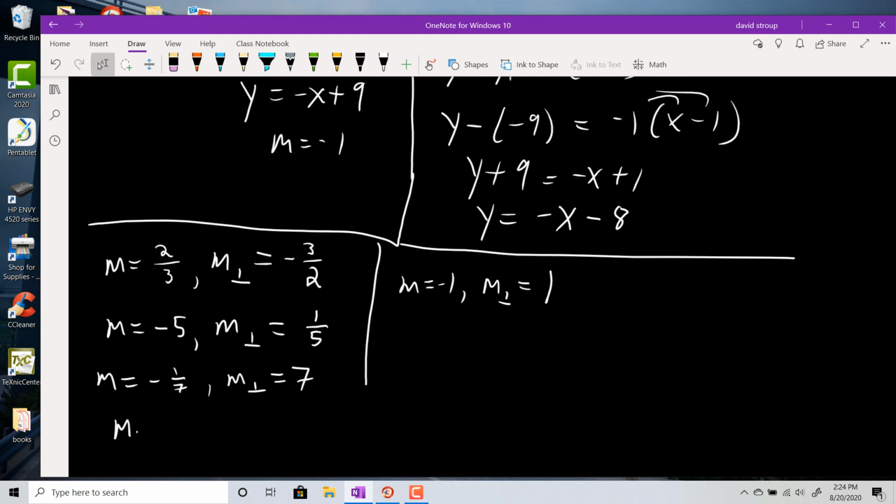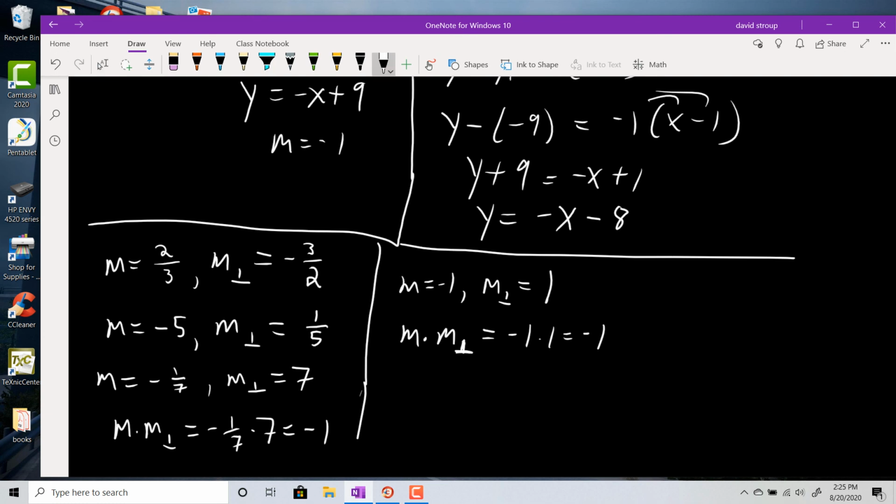So look, if you multiply m times m perpendicular, you get -1/7 times 7, which will equal -1. And that's another way you could check it. So our m times m, and that thing I'm drawing there is an upside down t. That just means perpendicular. So the slope m times the slope that's perpendicular, that'll be -1 times 1, which is -1, which means they're perpendicular.